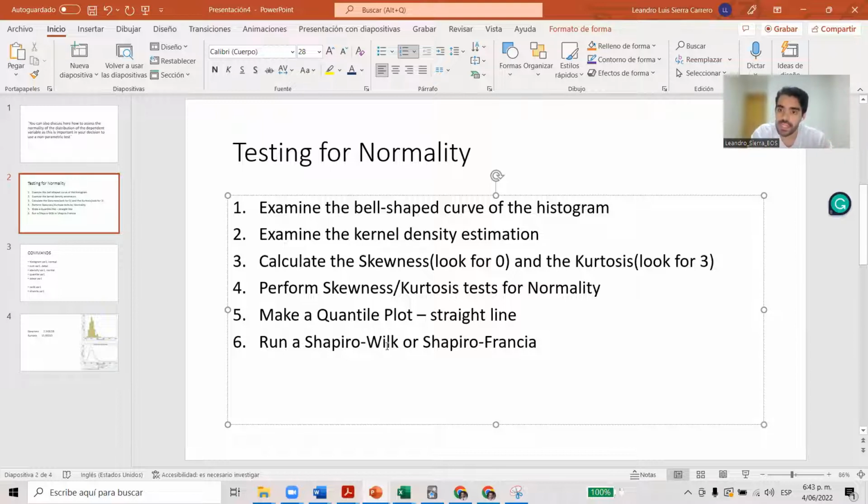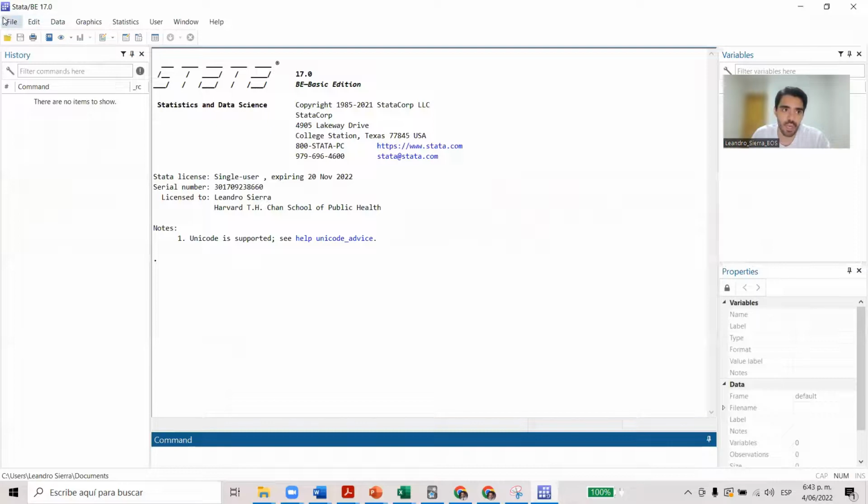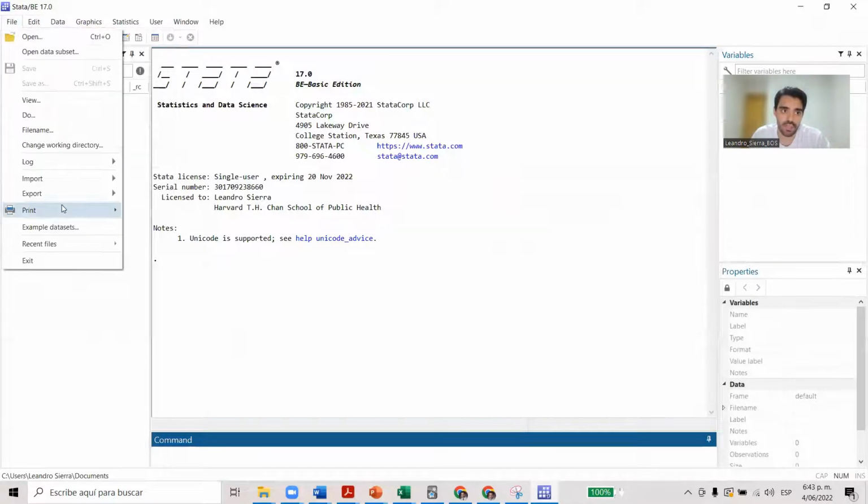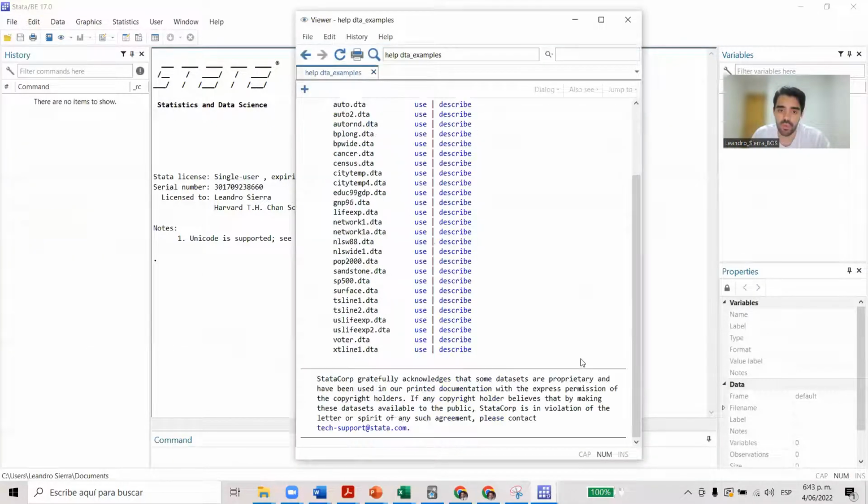So let's do these tests on STATA and see if a data set is normally distributed. Here we open STATA. We're going to use a predetermined data set. I found this one pretty interesting. It is named US Life Expectancy. No, I'm sorry, it is named TS Line 2 data. We're going to use this one.